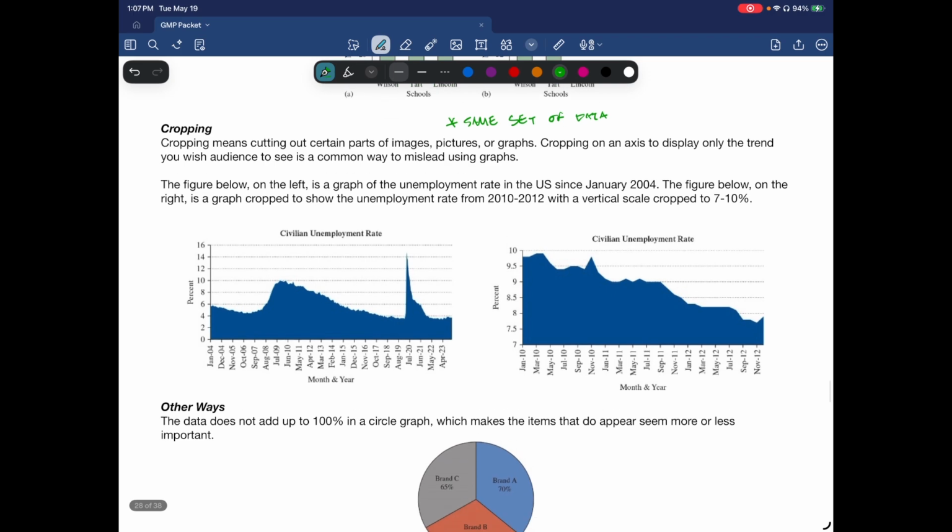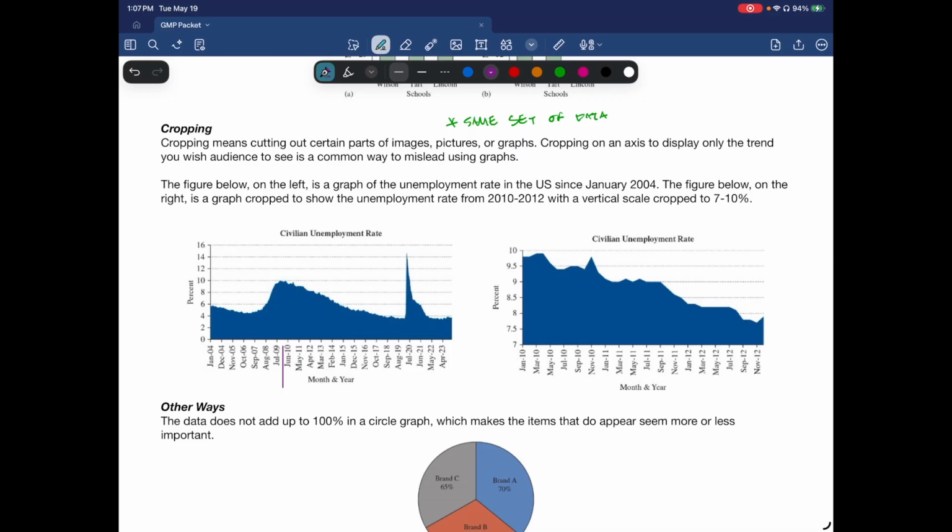Cropping. Cropping means cutting out certain parts of the image, pictures or graphs. Cropping on an axis to display a trend you wish the audience to see is a common way to mislead you using graphs. So these are the same data once again, but one of them looks at a greater period of time, and so the snippet can actually be found right here.